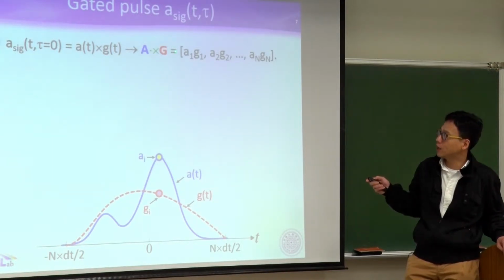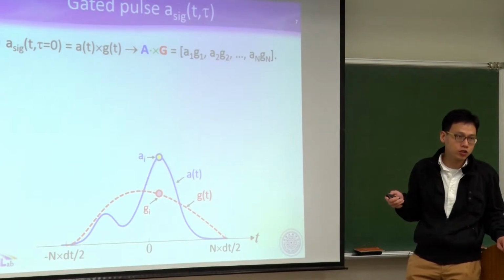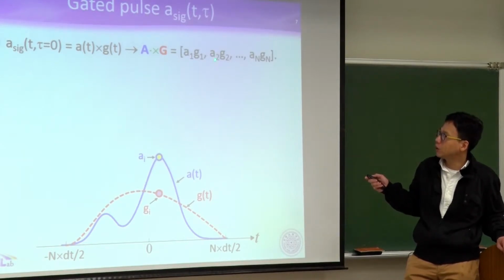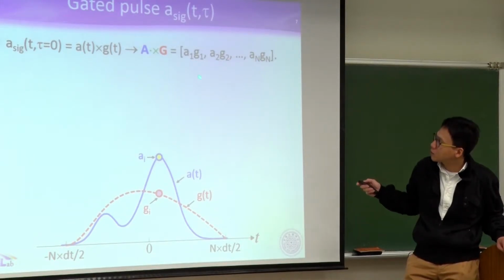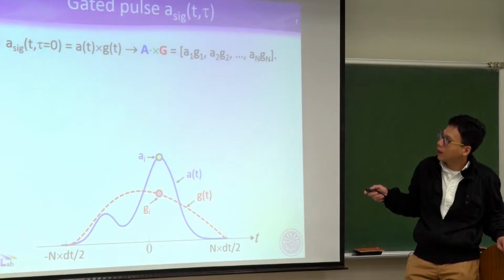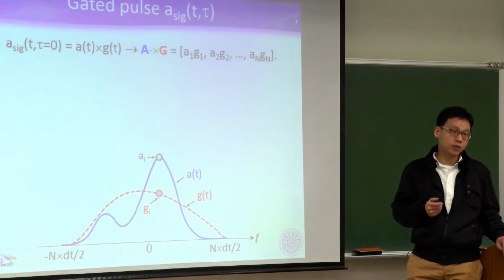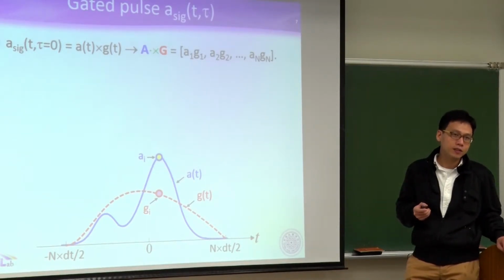So A1 times G1, the first element of vector A multiplied with the first element of vector G, similarly A2 times G2, all the way to AN times GN. So this row vector means A sub sig when tau equals 0. Is it okay?